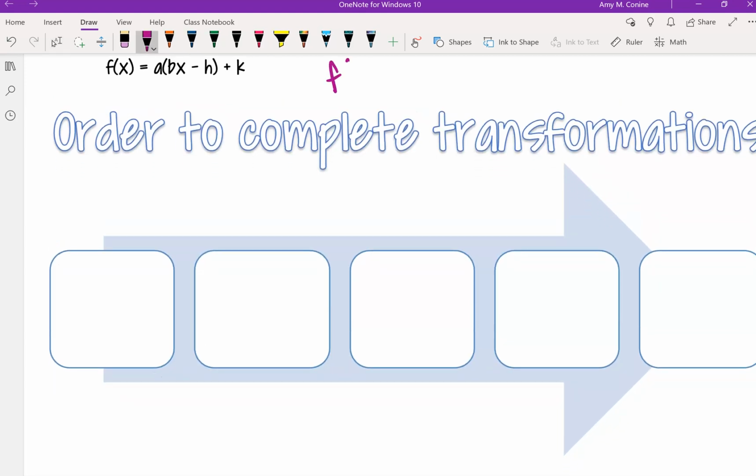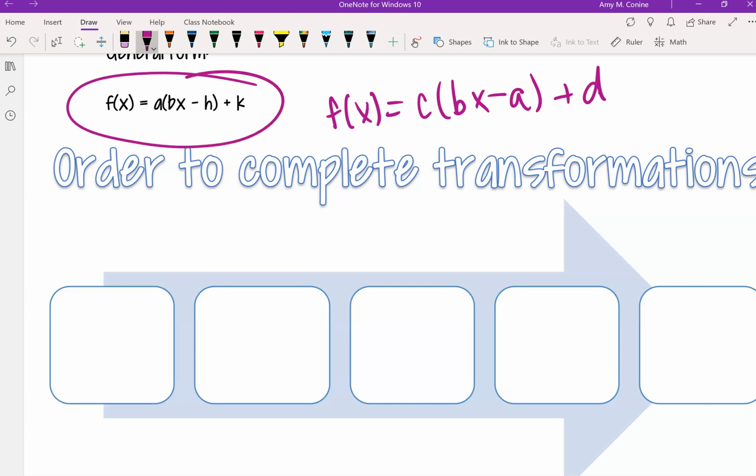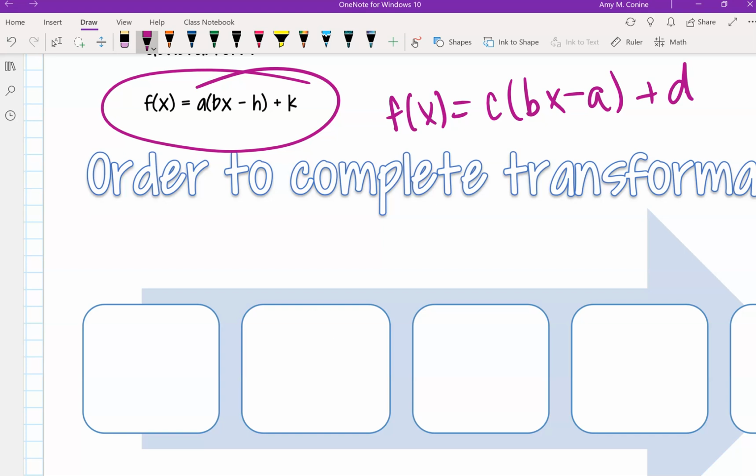Sometimes you'll see this as f of x is equal to c times b(x minus a) plus d, just because it's alphabetical order of how you do things. But this is the main way right here, because you need to know what h and k represent. So for this first one, this is going to be for h.